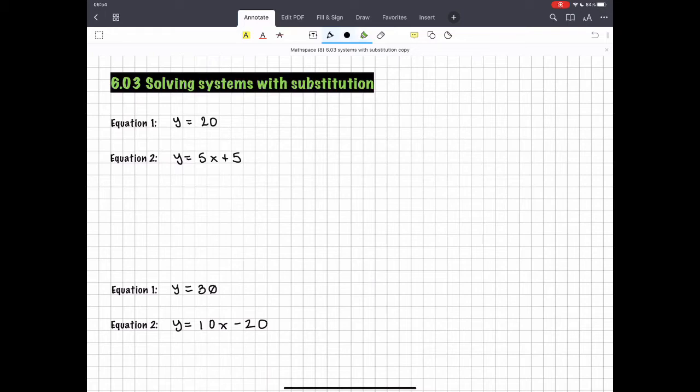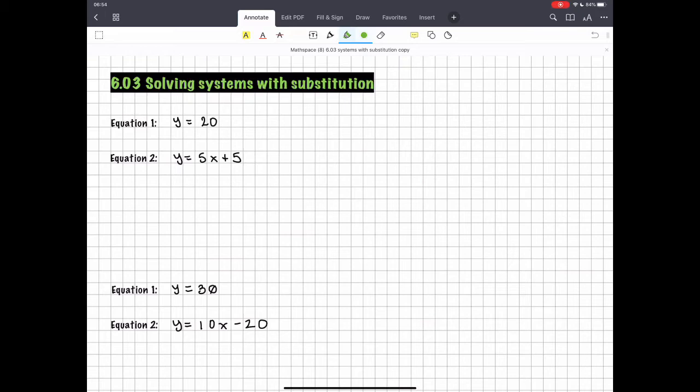So I'm looking at this and I'm thinking to myself, okay, in equation 1, the y is the same as 20. That means wherever I see a y, I know that y equals 20, and I could replace y with 20.